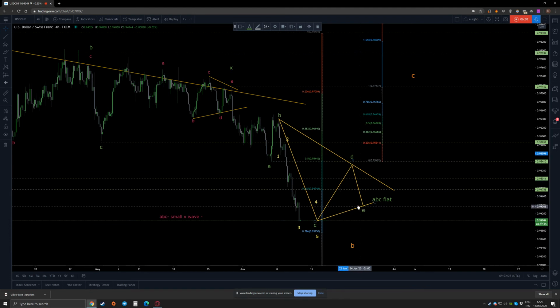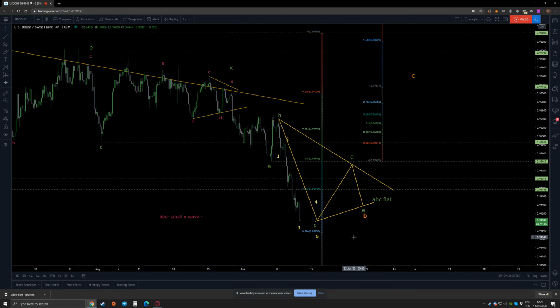Nothing, it cannot make a new low. It means that this is a triangle, and then even though this impulsive wave idea doesn't work, in this way we will put wave B, we still will go to the upside, okay? So it doesn't change so much whether it's a flat or a triangle.